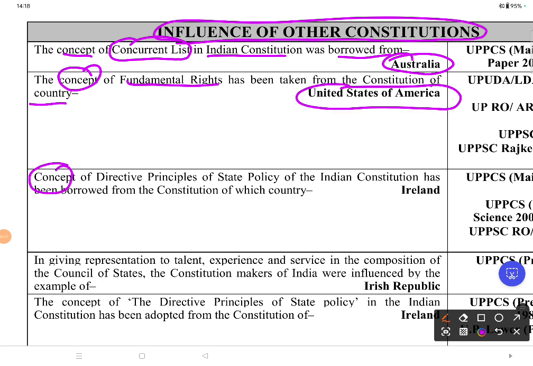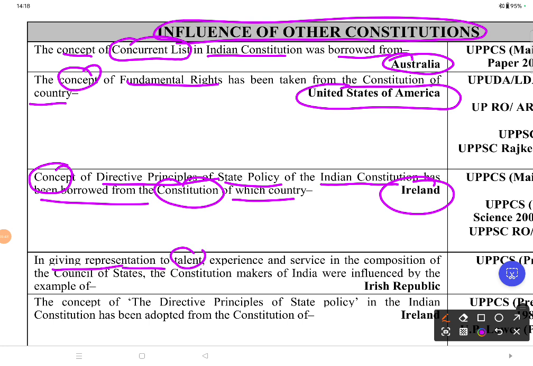The concept of directive principles of state policy in Indian Constitution has been borrowed from the Constitution of which country? Ireland. In giving representation to talent, experience and service in the composition of the Council of States, the constitution makers of India were influenced by the example of Irish Republic.